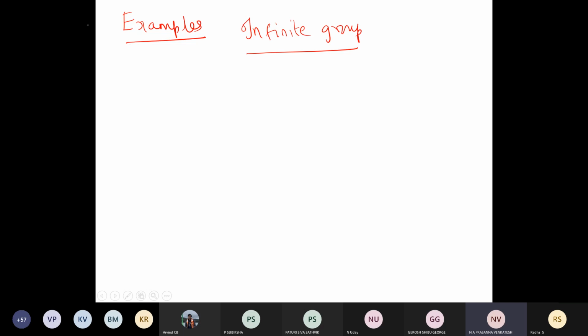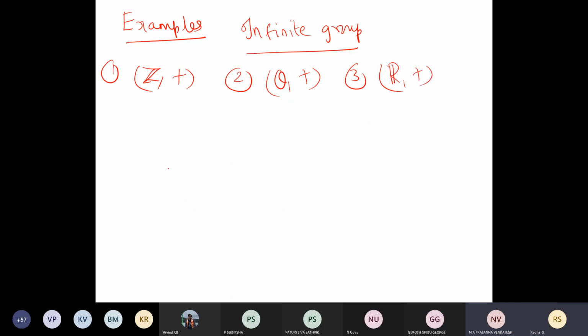Now we'll see examples for infinite groups. Number 1, Z under addition. Number 2, Q under addition. Number 3, R under addition. All under addition, all these things are infinite groups.